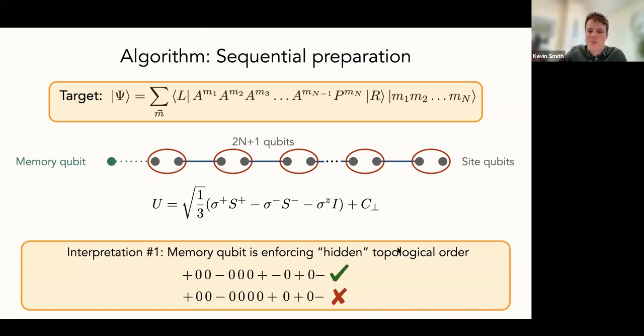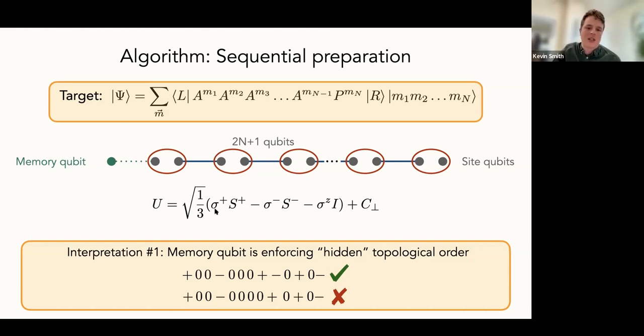The first is that this memory qubit is just merely enforcing this hidden topological order. And so what I mean by this is if we look, for example, at this first term here, you'll see that we have this Pauli operator sigma plus, and tied to that is the creation of a plus state with this S plus operator.